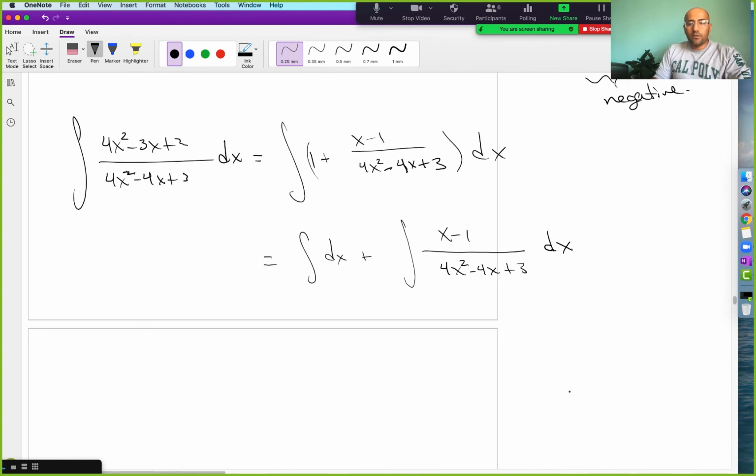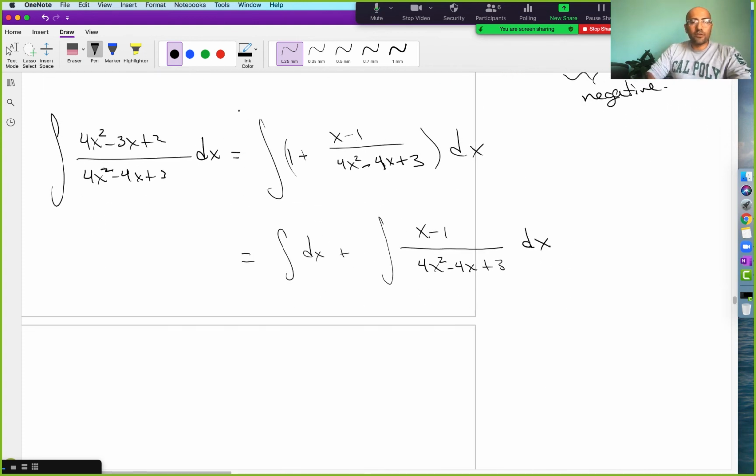Okay, so let's do a u substitution to figure this out. Let u equal the denominator, 4x squared minus 4x plus 3.